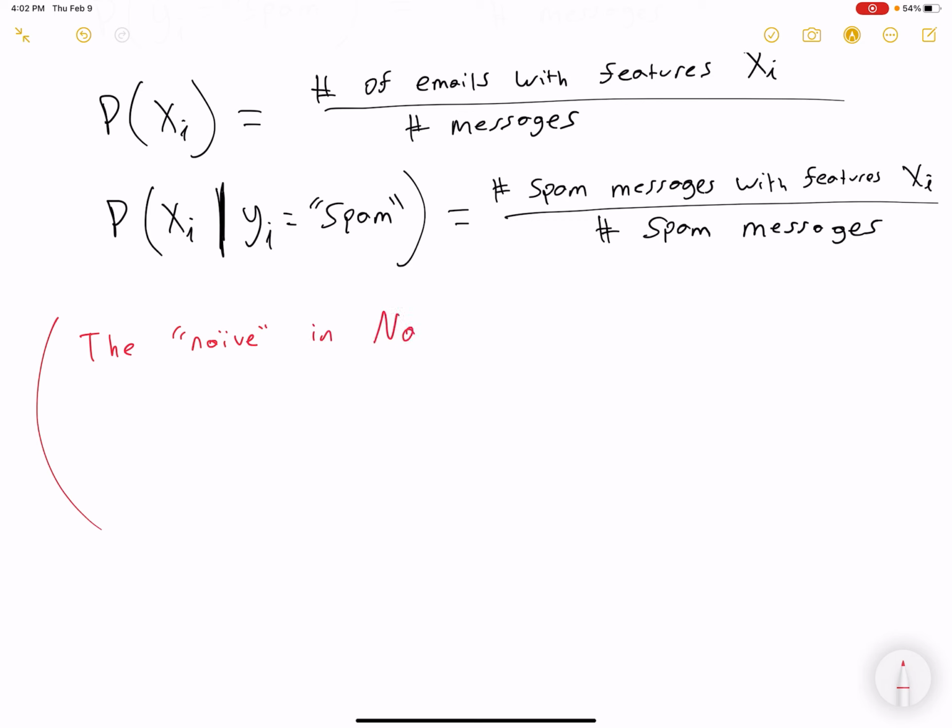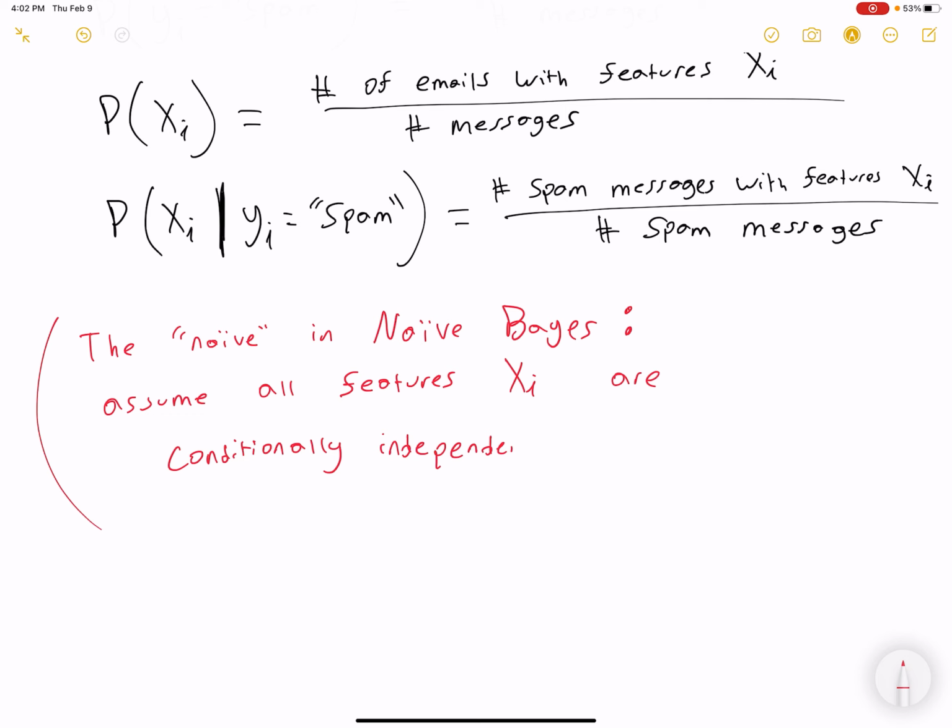The naive in naive Bayes comes from the fact that we're assuming that all features xi are conditionally independent given the label yi.